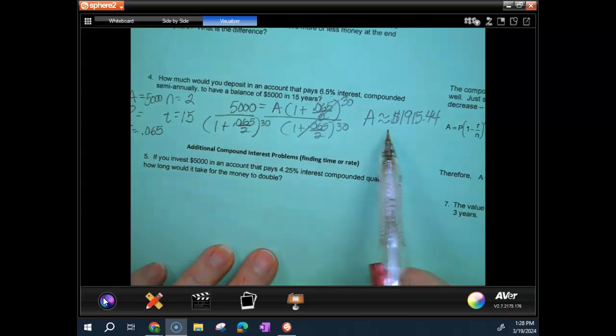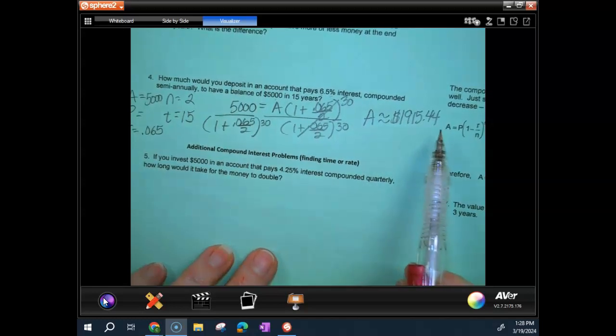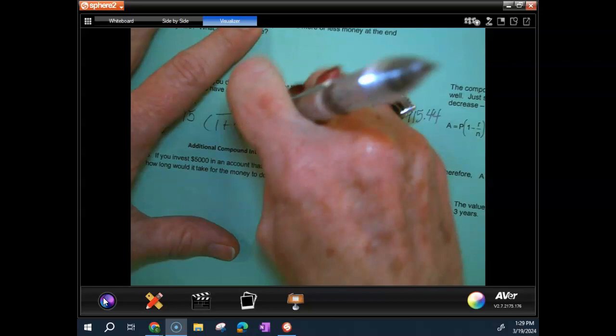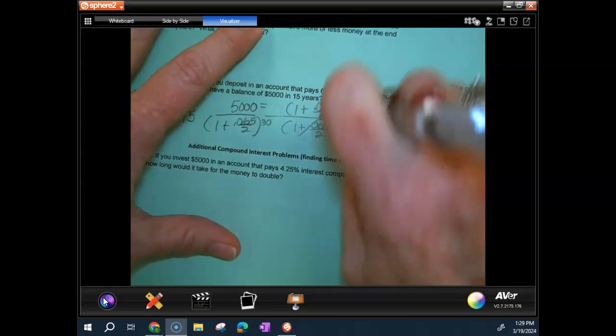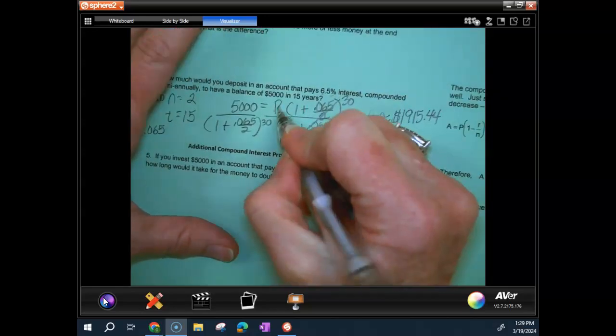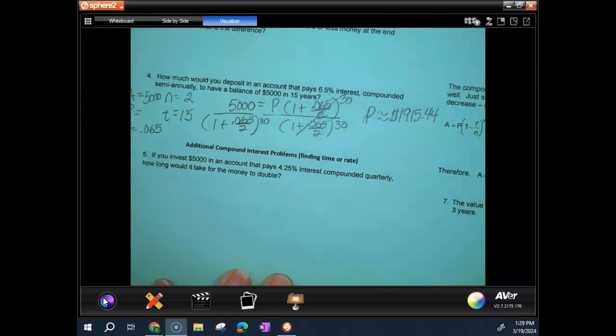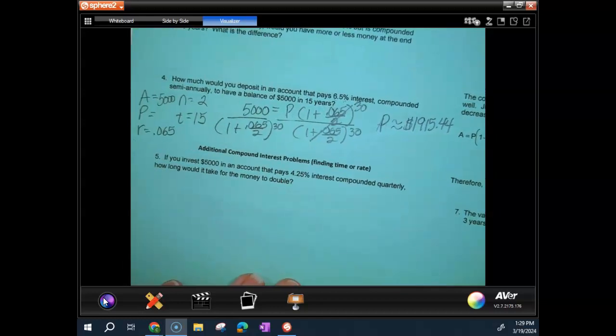Money gets a dollar sign and it goes to cents. Yes. But it's got the dollar sign and cents.